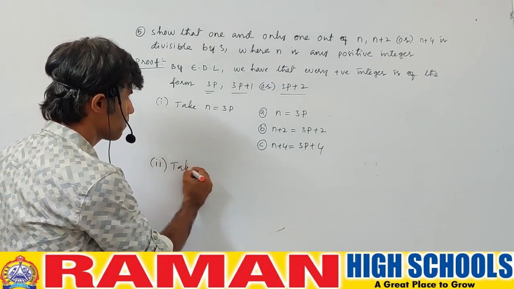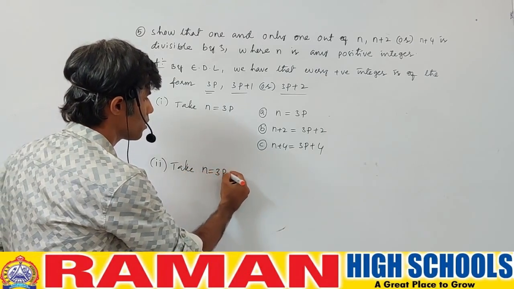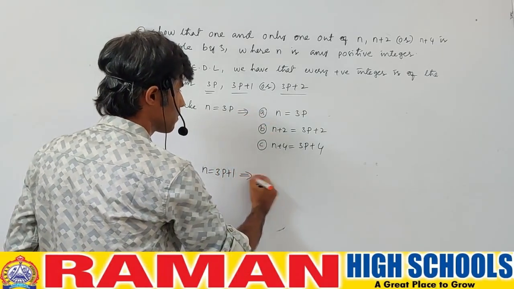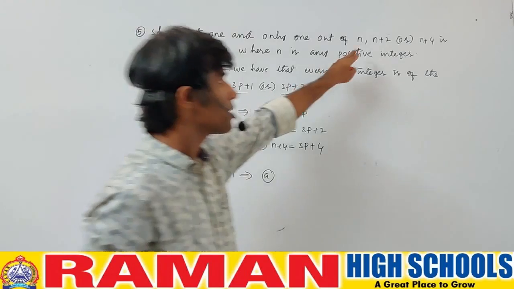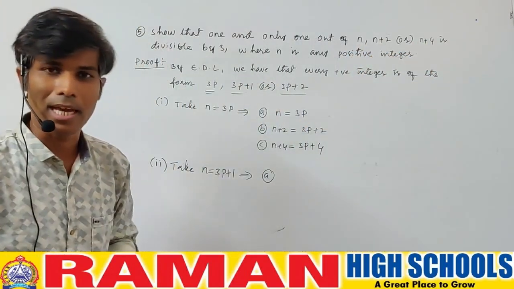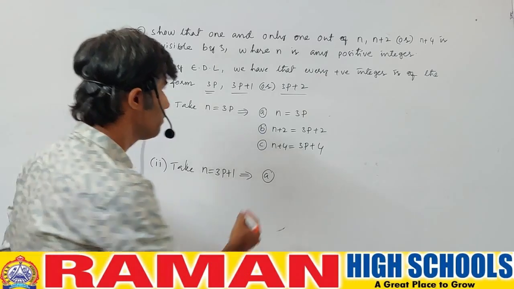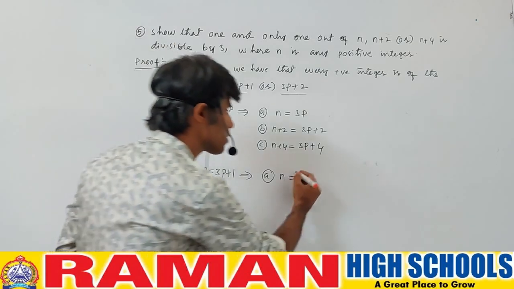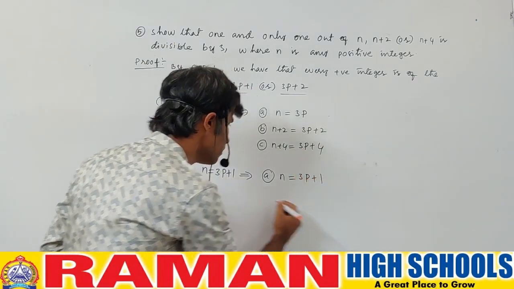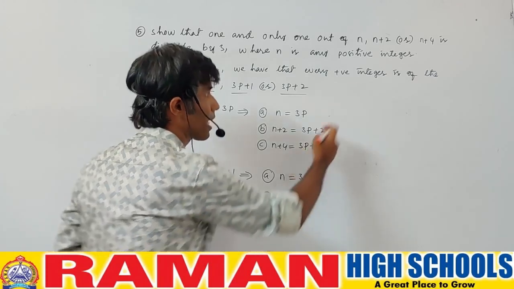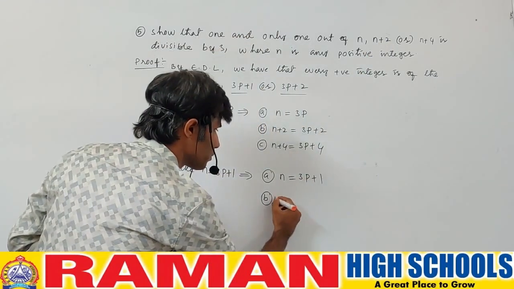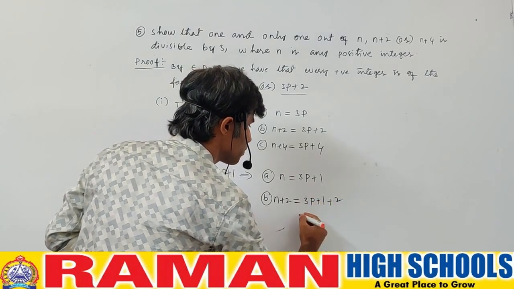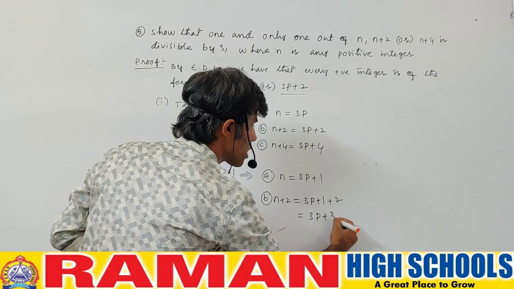Let us take n equals 3p plus 1. Now again let us take these three numbers and check whether they are going to be divisible by 3 or not. The first number is n, and the n value you are taking is 3p plus 1. Second number is n plus 2: 3p plus 1 plus 2, that is 3p plus 3.